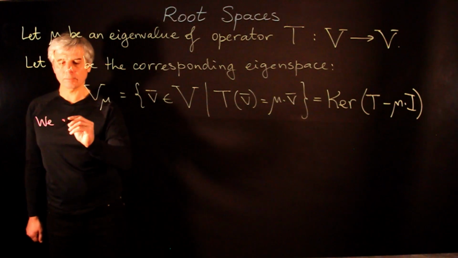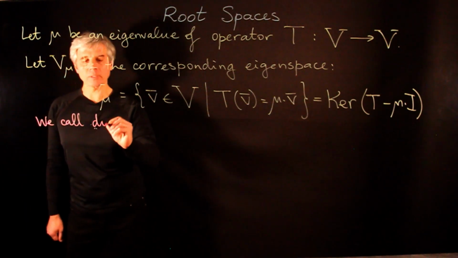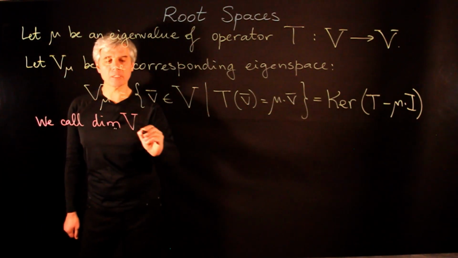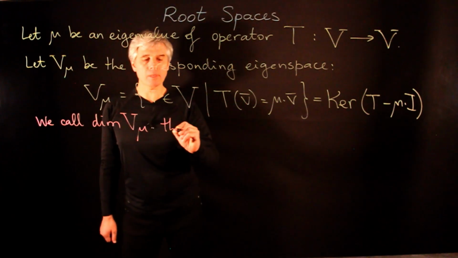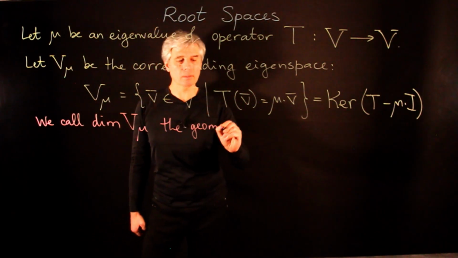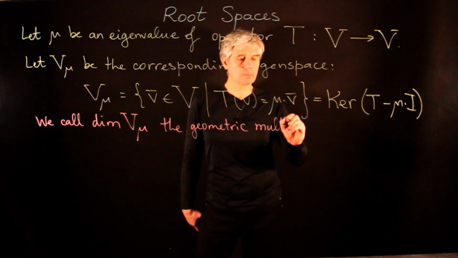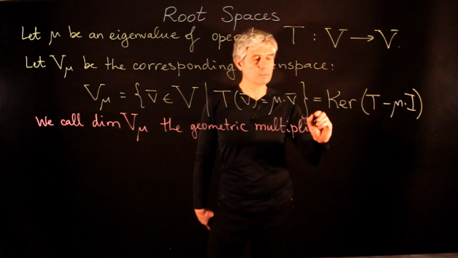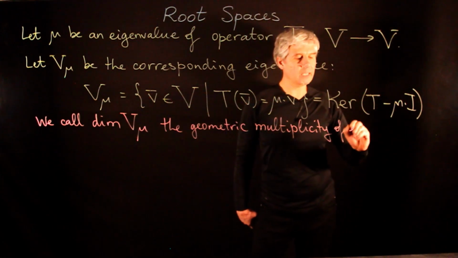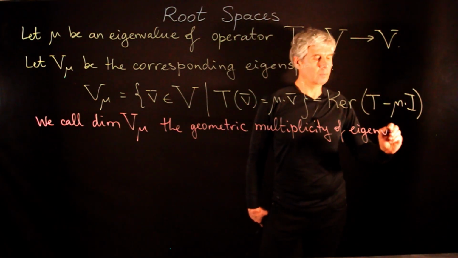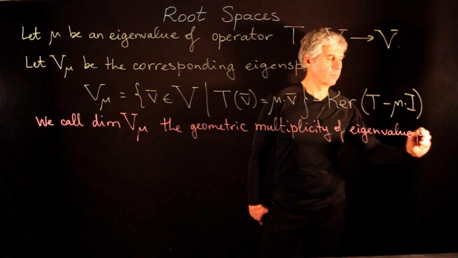We call the dimension of the eigenspace V mu the geometric multiplicity of eigenvalue mu.